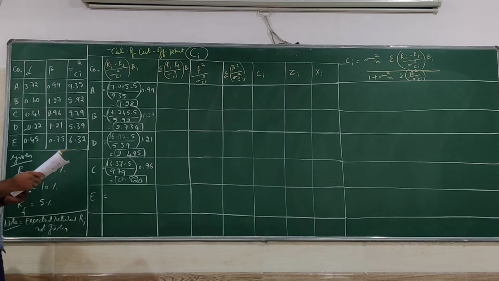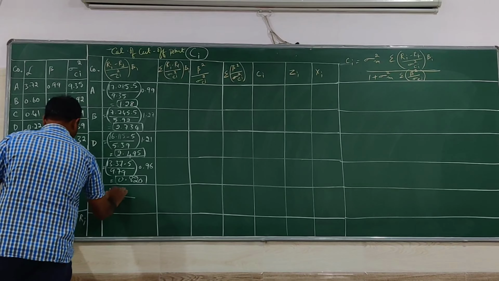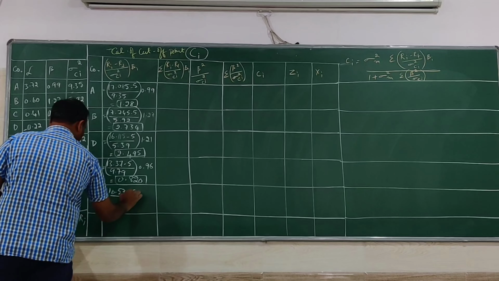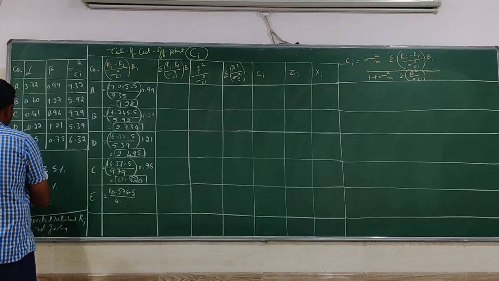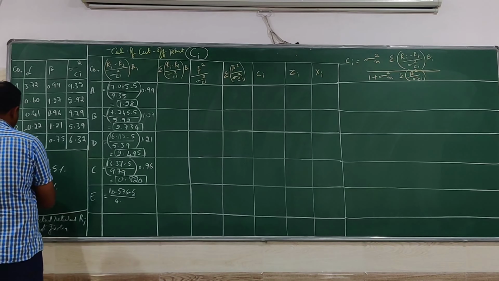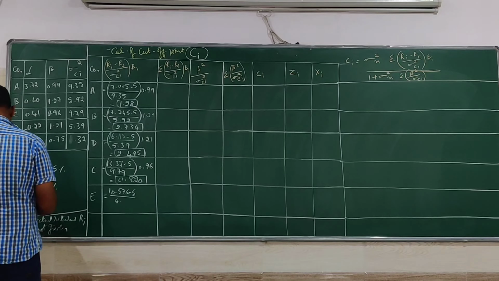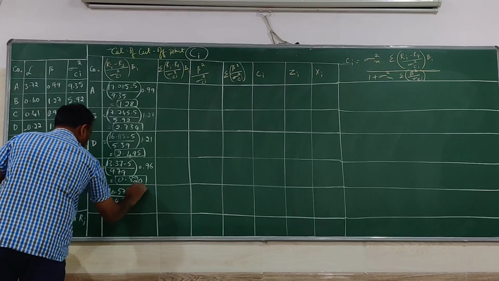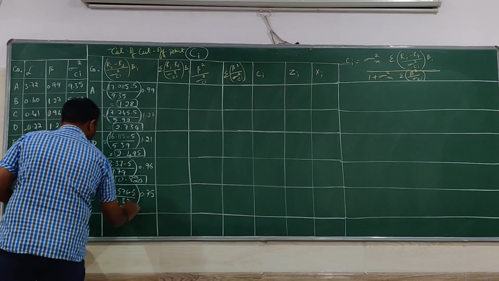Then for E, 10.576 minus 5 divided by 4.32 unsystematic into 0.75.